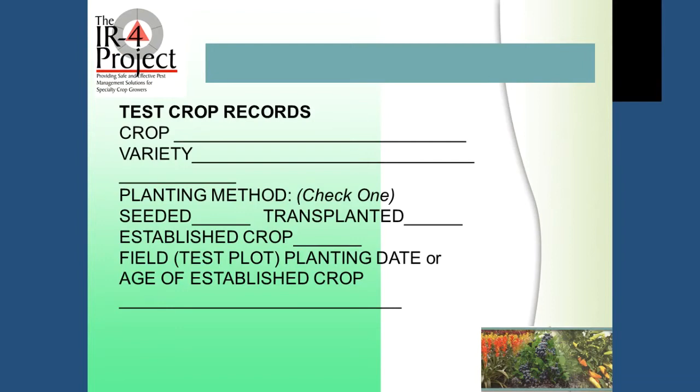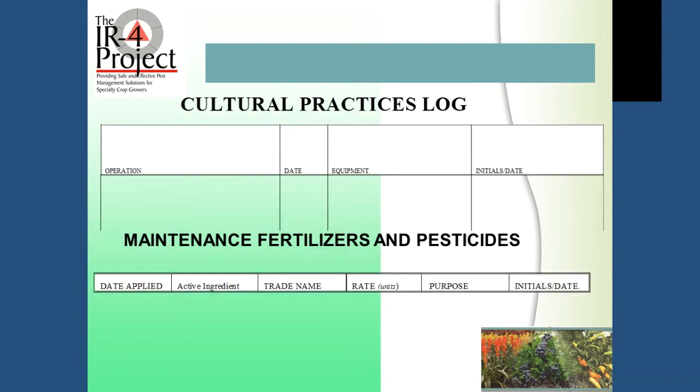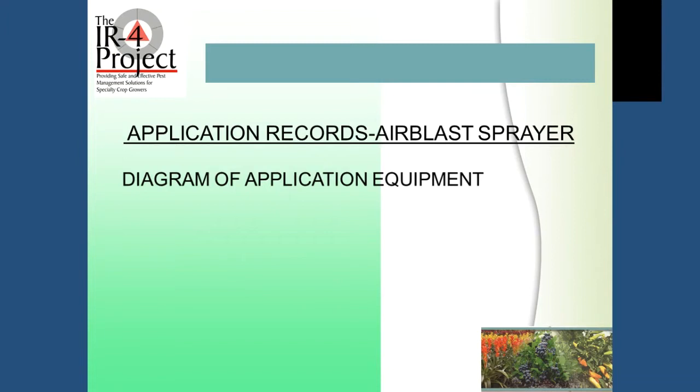So you give information about the crop itself. Next slide, please. Any cultural practices, any maintenance fertilizers and pesticides that you used on the crop. Next slide, please. Application records include, first of all, a diagram of the equipment.